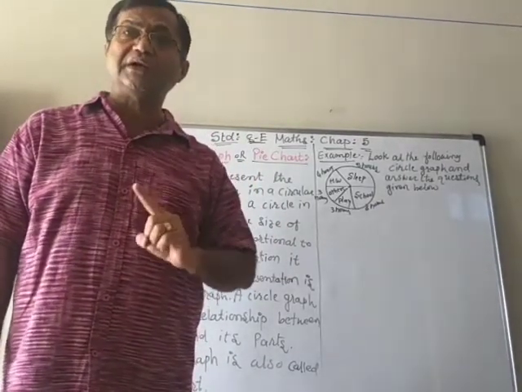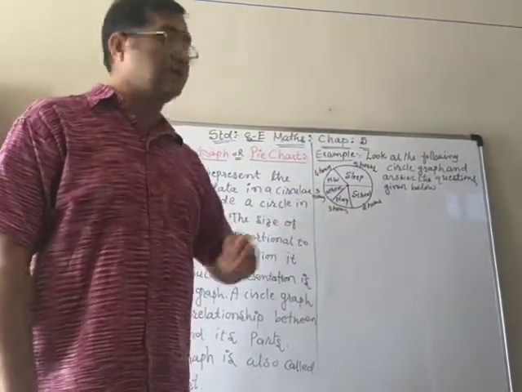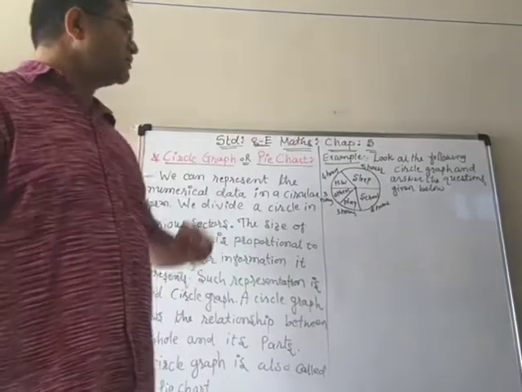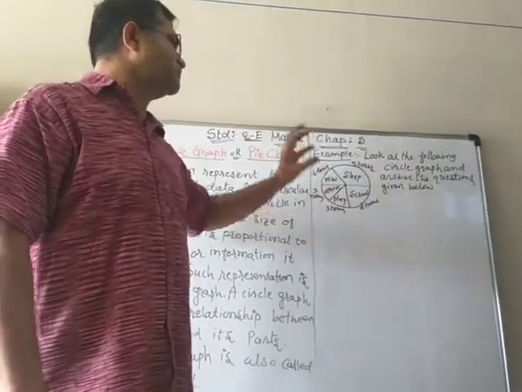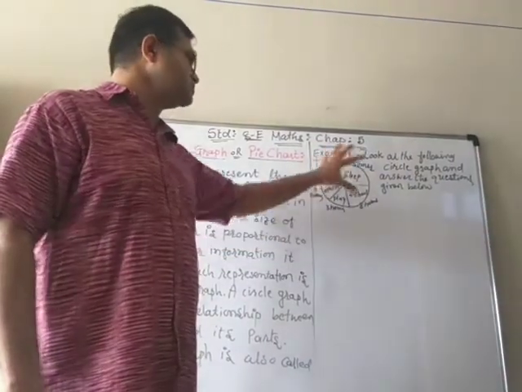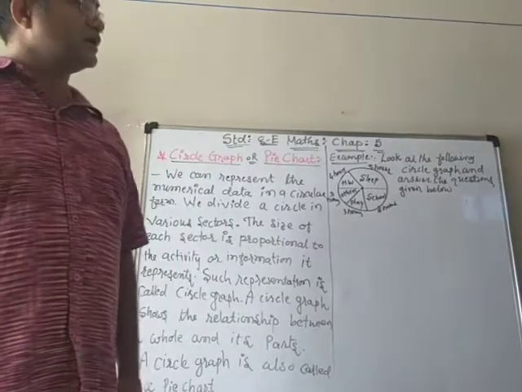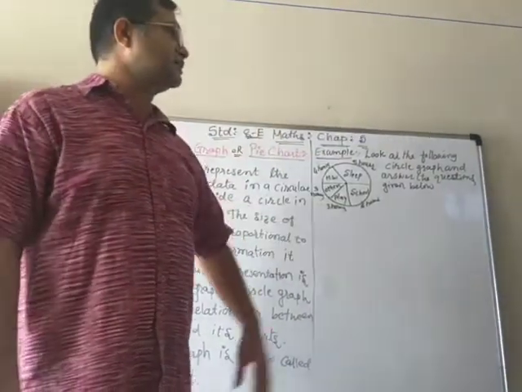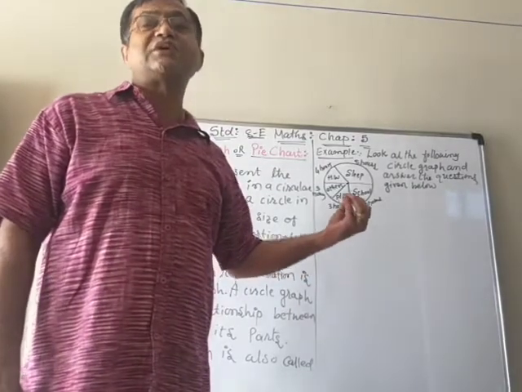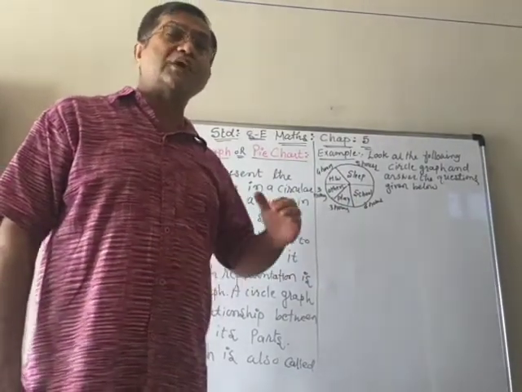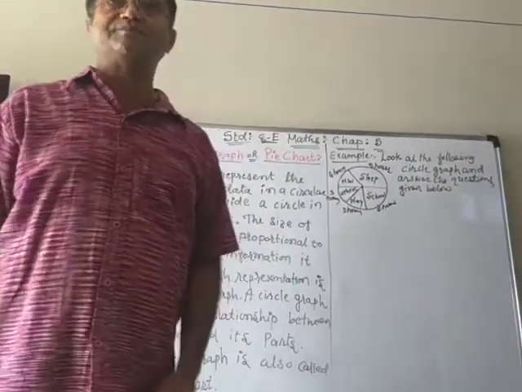Look here, in the example, a pie chart is given in which different sectors are there. Questions will be given below, and we have to answer them using this pie chart.